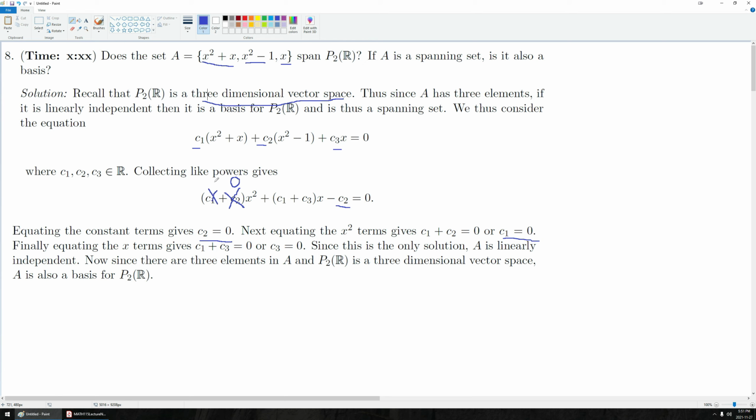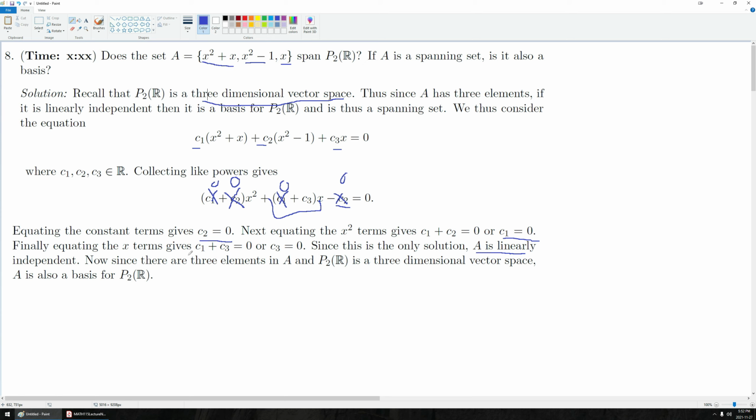That gives me that this term is 0, this term is 0, and now this term here has to be 0. Okay, so if I equate all of this to 0, I get C1 plus C3 is 0, or simply C3 is equal to 0. Thus, the only solution is C1 is equal to C2 is equal to C3 is equal to 0. Therefore, A is going to be linearly independent as a set of polynomials.